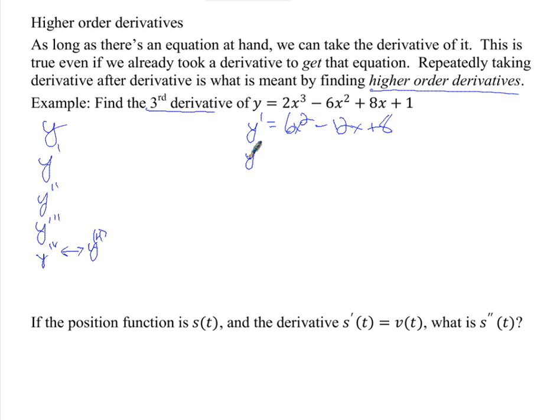So now I can find the second derivative, y double prime equals... and what does that tell me? It does tell me the slope of the tangent line of... What did this one tell me?